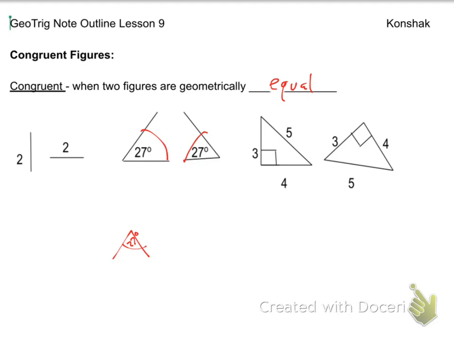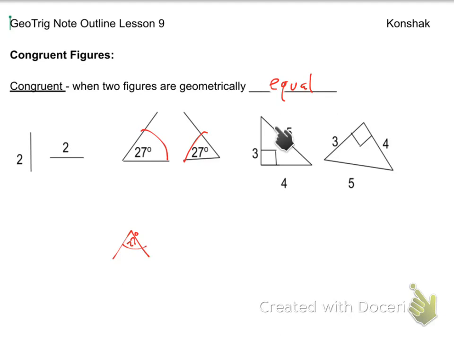And then we also have geometric figures if you want, 2 triangles. Do you notice that both of these triangles are made up of 3, 4, and 5 side lengths? It also has a 90 degree angle in the middle.